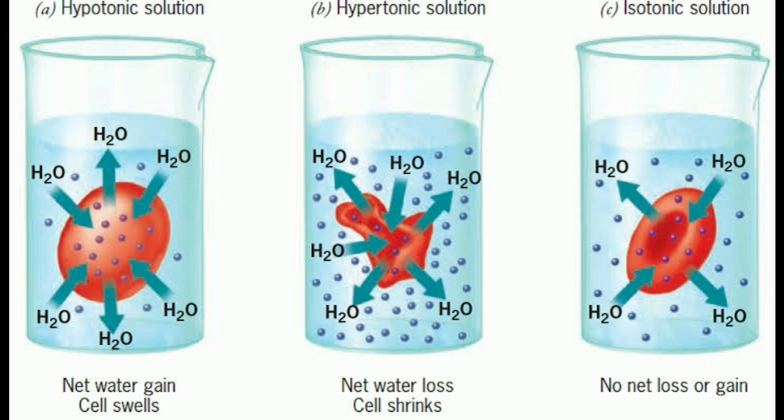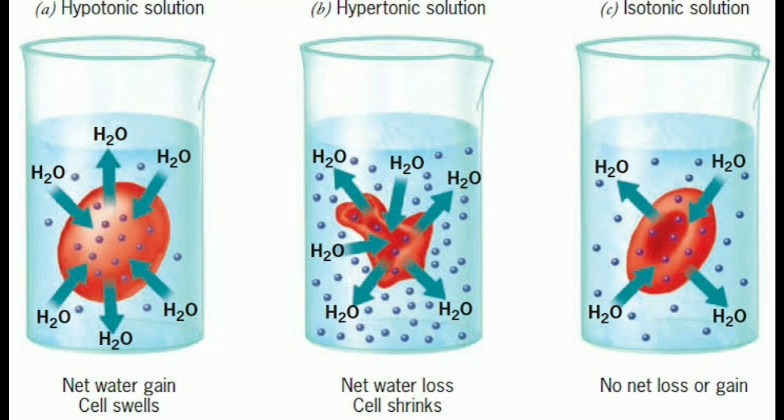So what will happen? The water will move from the higher to the lower concentration, that is water will move from the solution into the cell, and the cell will swell. Okay, so in the case of hypotonic solution, the water will move into the cell.